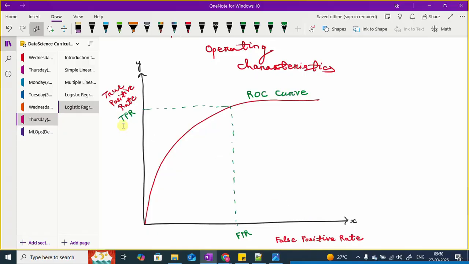If you reverse them, it will be a different curve. So you have to take that assumption. Then a curve like this red curve is called the ROC curve.